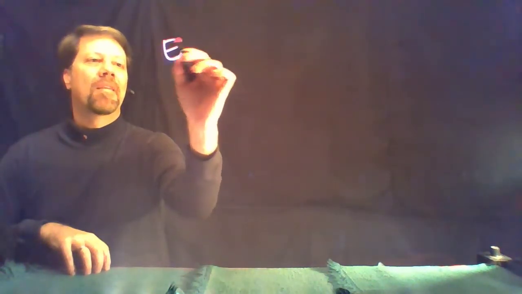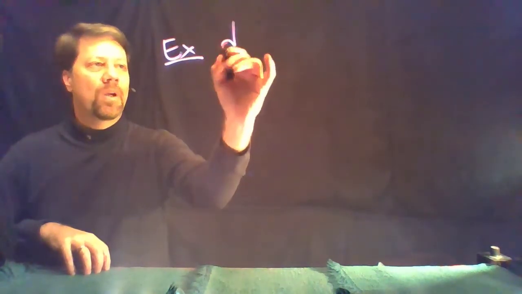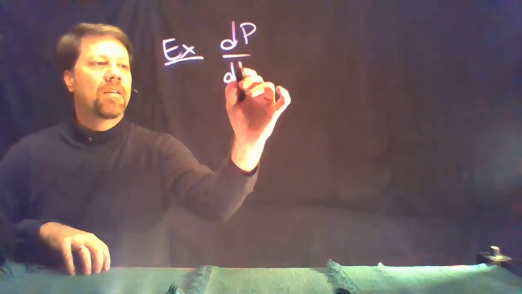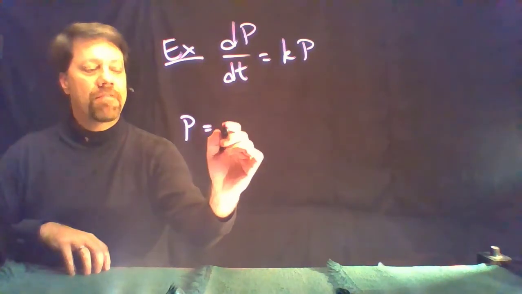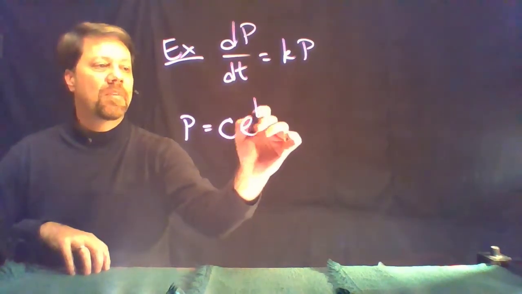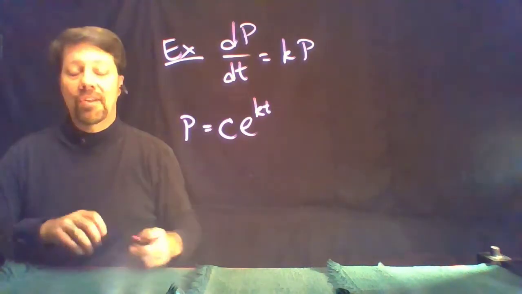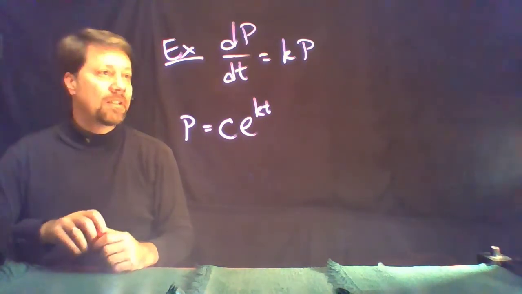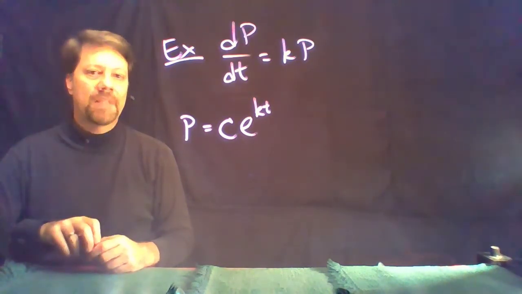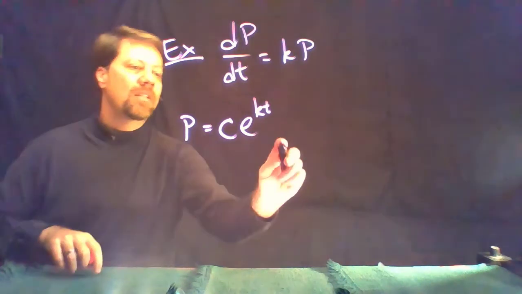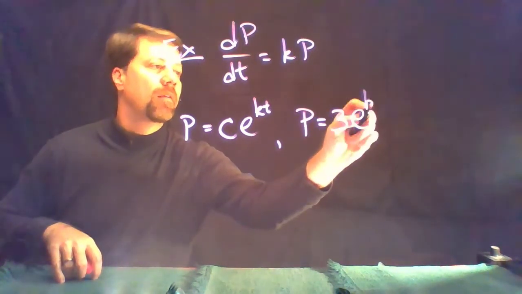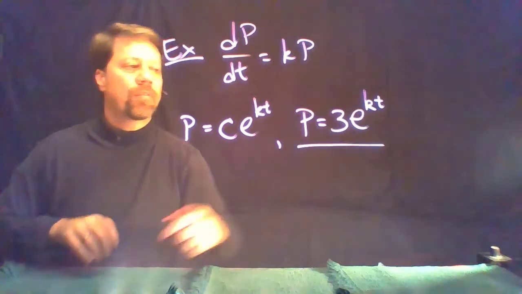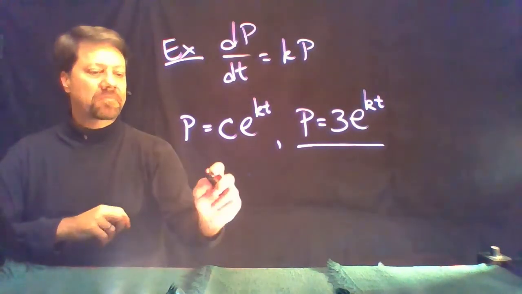So, let me give you an example. We already know that any function of the form c e to the kt is a solution to the differential equation dp dt equals kp. So let's try the following example: 3 e to the kt.